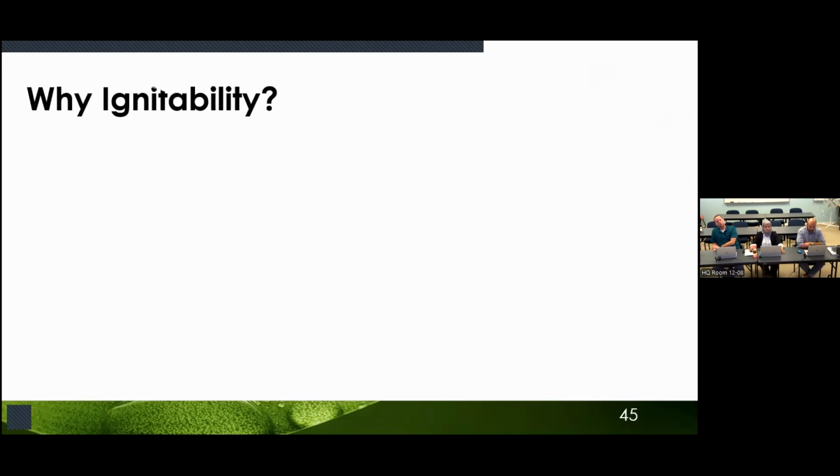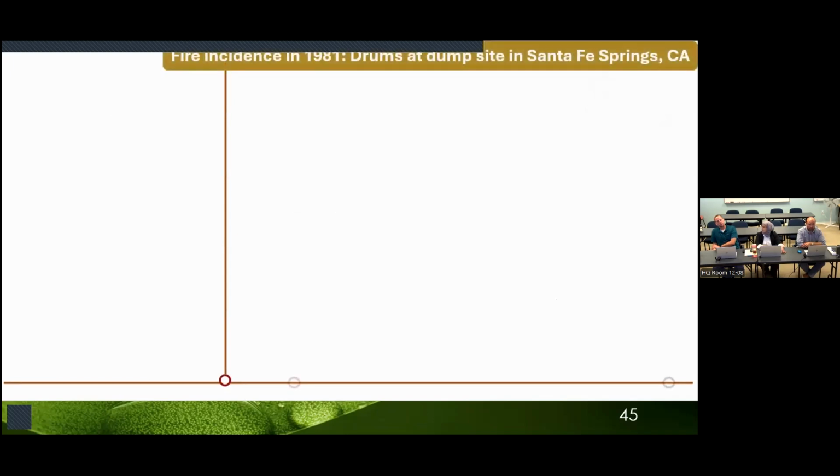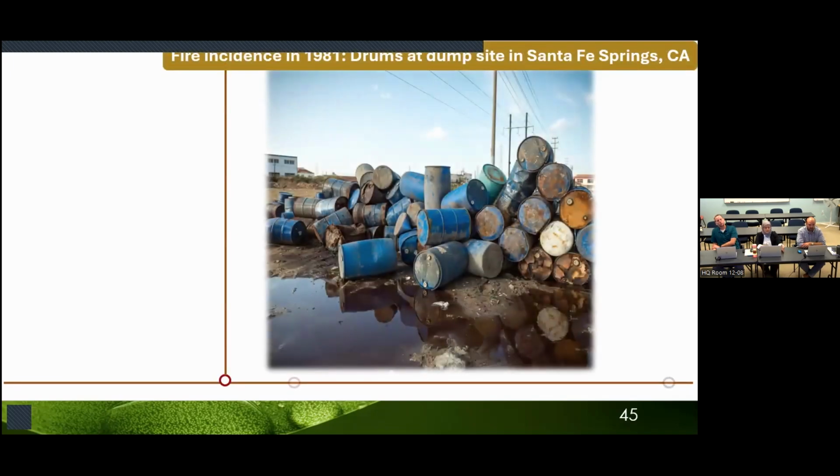The reason this criterion was developed is due to numerous accidents in the past. Some of them were explained by Trent earlier, such as a fire incident in Santa Fe Springs in 1981, where a suspected arson fire caused a massive explosion, launching hazardous waste drums onto nearby properties. As you have heard earlier, the explosion had an impact like a small atom bomb, causing drums to launch like lethal missiles on nearby properties.